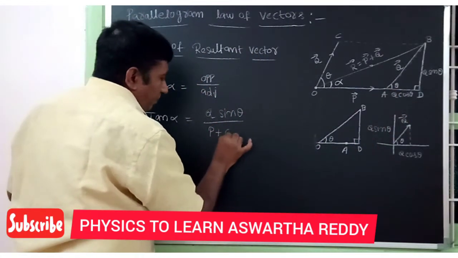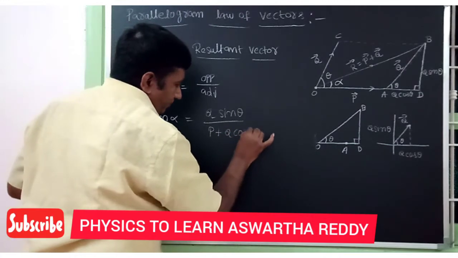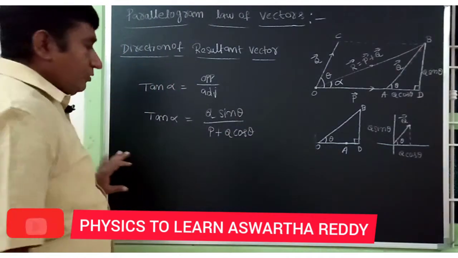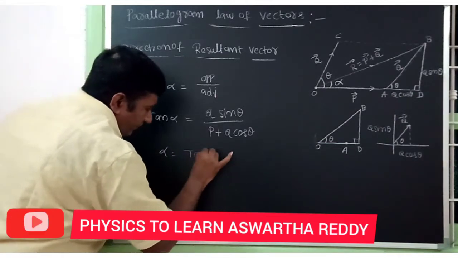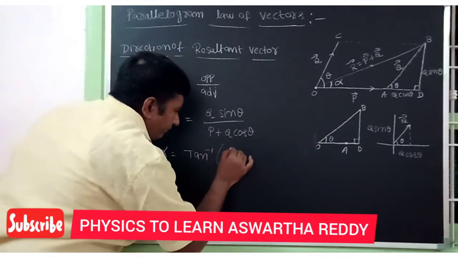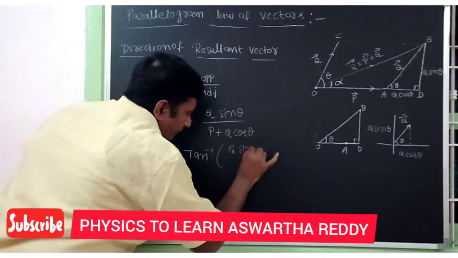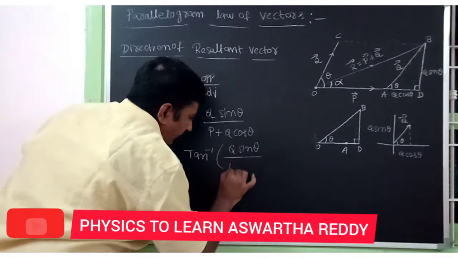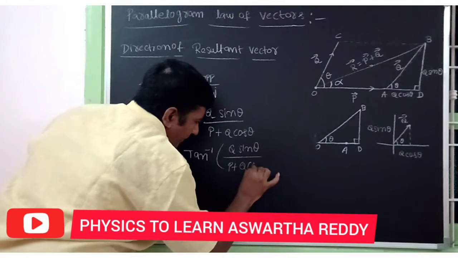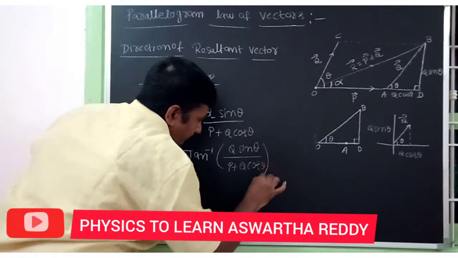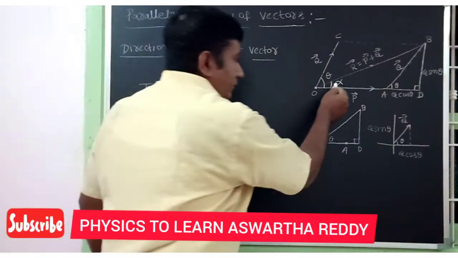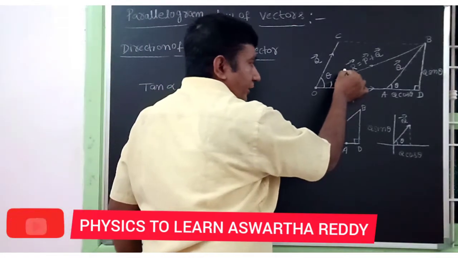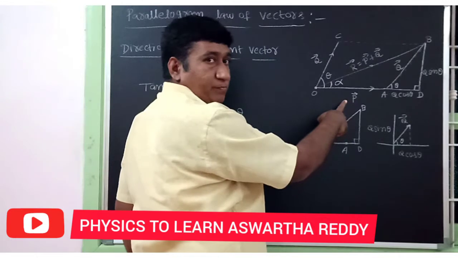So alpha equals tan inverse of Q sin theta by P plus Q cos theta. Here this alpha is the angle made by the resultant vector with respect to the P vector.